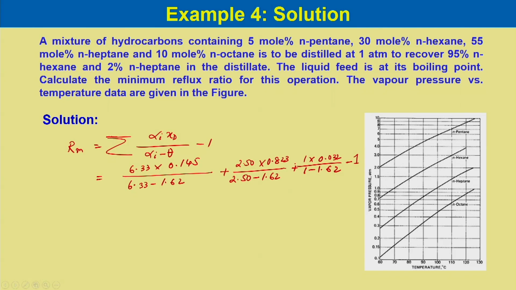We have not considered here the octane because it will not be present in the distillate.